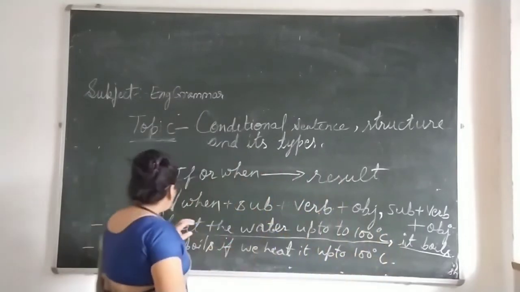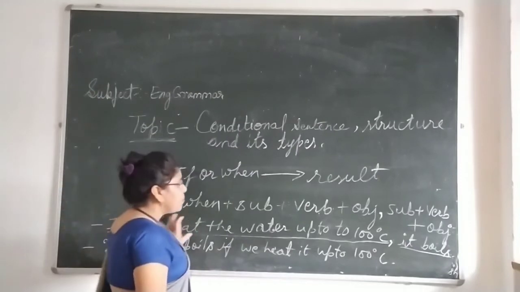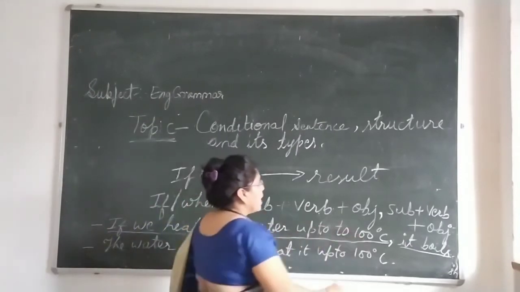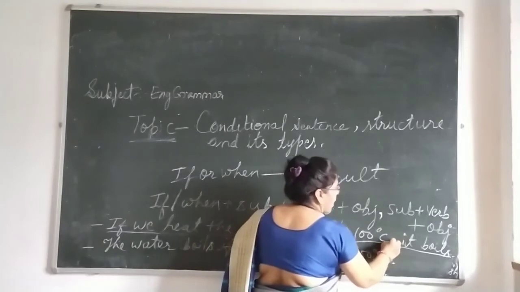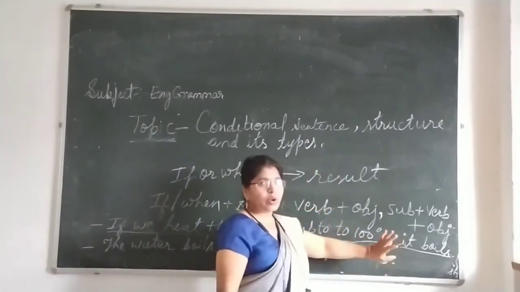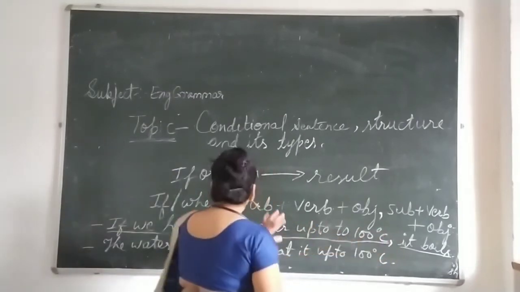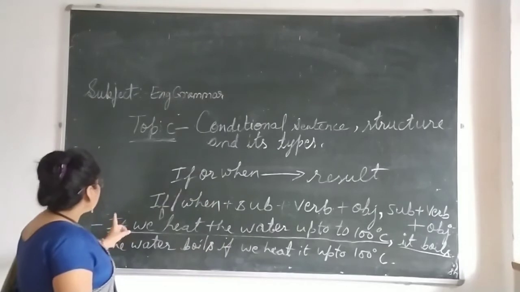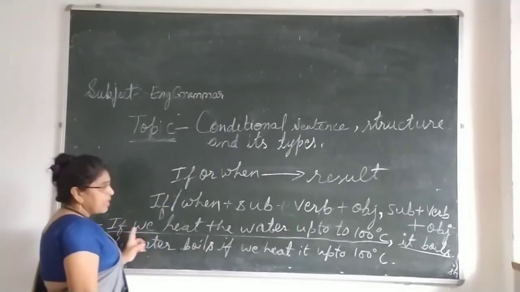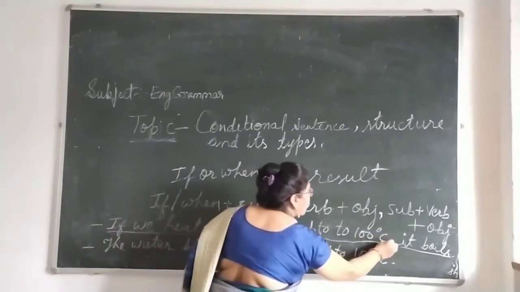Remember this thing, if you are using conditional sentence in the beginning of the sentence, it will carry comma. Remember this thing. This is very much essential. You should always remember. We people commit mistakes in this. Always remember, if we are taking conditional sentence in the beginning of the sentence, then it should contain comma.